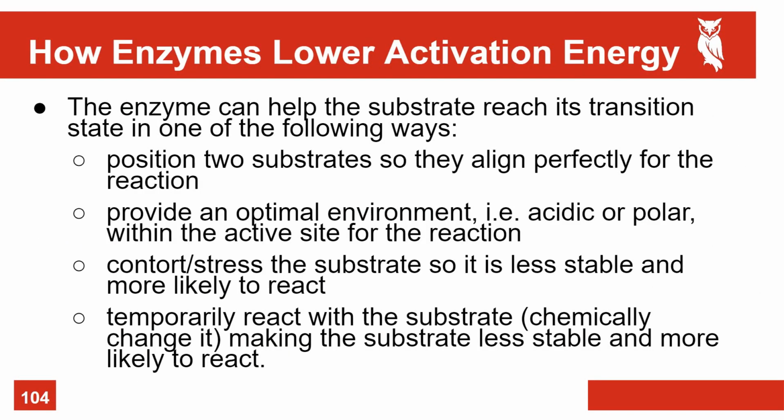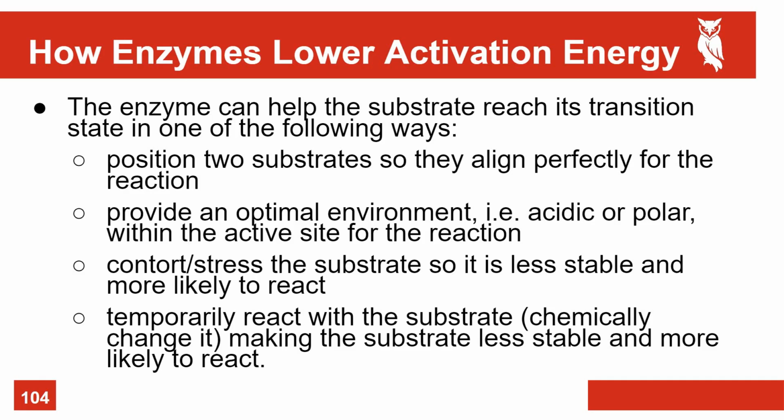The enzyme can help the substrate reach its transition state in one of the following ways. It can position 2 substrates so they align perfectly for the reaction, like orienting the pencil where it'll stick together. It can provide an optimal environment, i.e. acidic or polar, within the active site. Those side chains can be more acidic, less acidic, more polar, or less polar to drive that reaction.